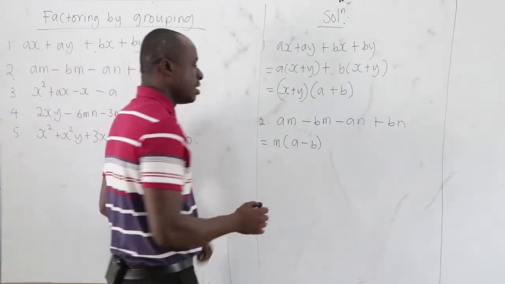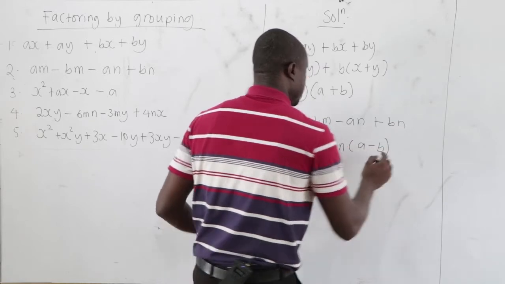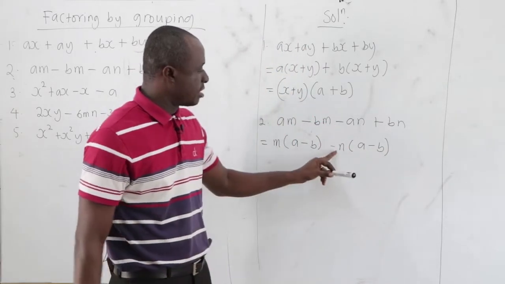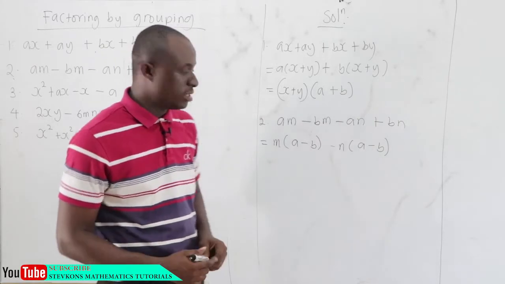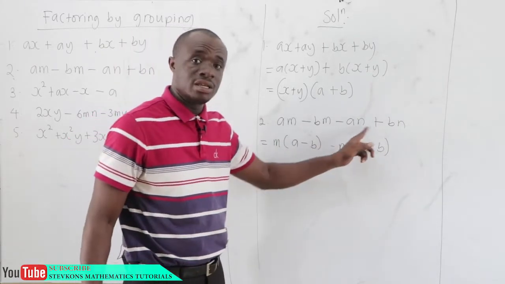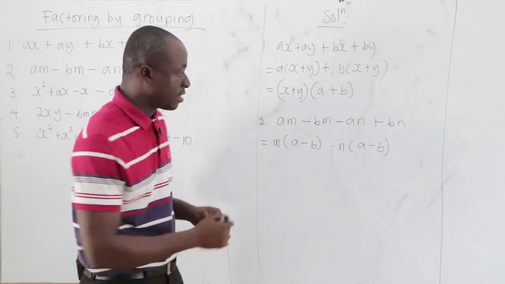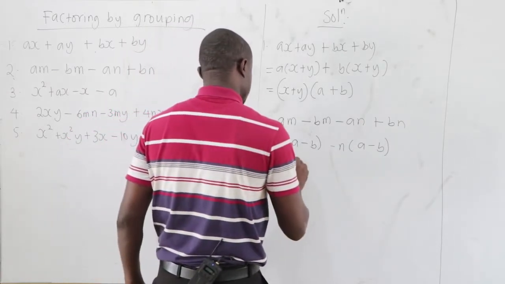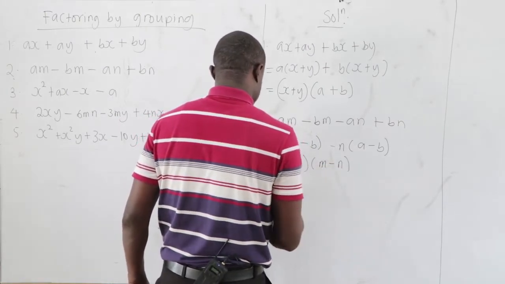So I'll bring negative n out. I'll get (a minus b). Now, negative times this, that will be negative an. Negative times negative, that's positive. So you have to be very careful when you're factorizing terms like this. Now let's see, a minus b is common. Factorize the a minus b out, and then we have (m minus n).